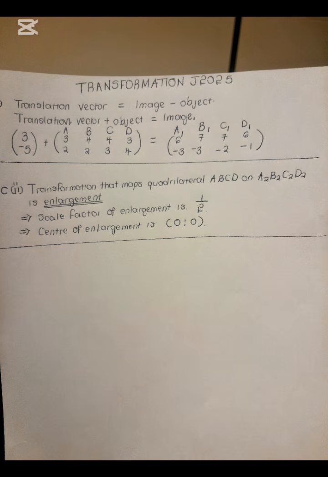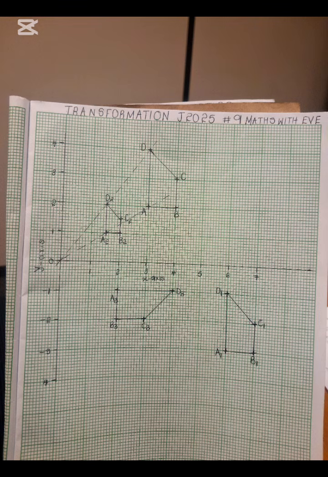This type of transformation is known as enlargement. When we are describing enlargement, you get your first mark by stating that an enlargement has occurred, and then you need to provide the center of enlargement. To find the center of enlargement, we need to join the corresponding points.